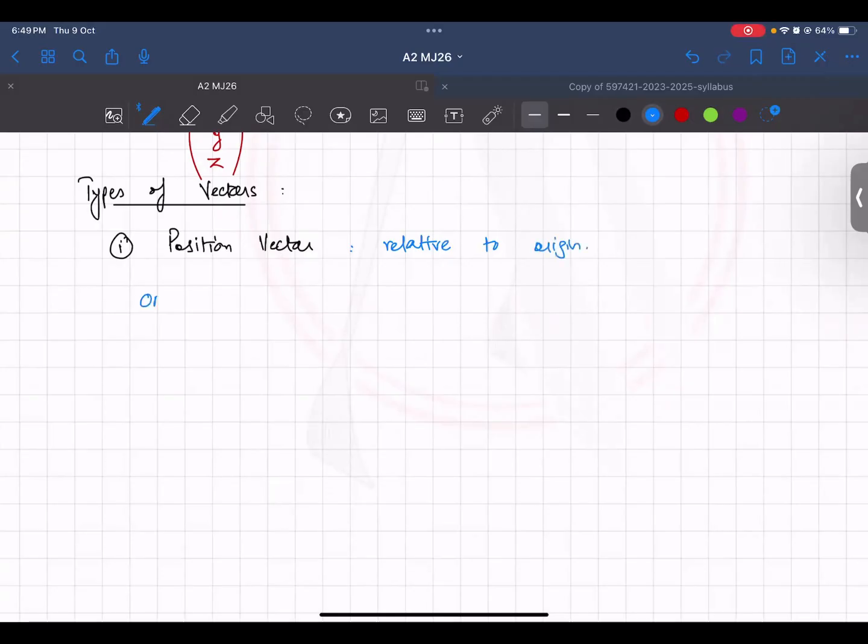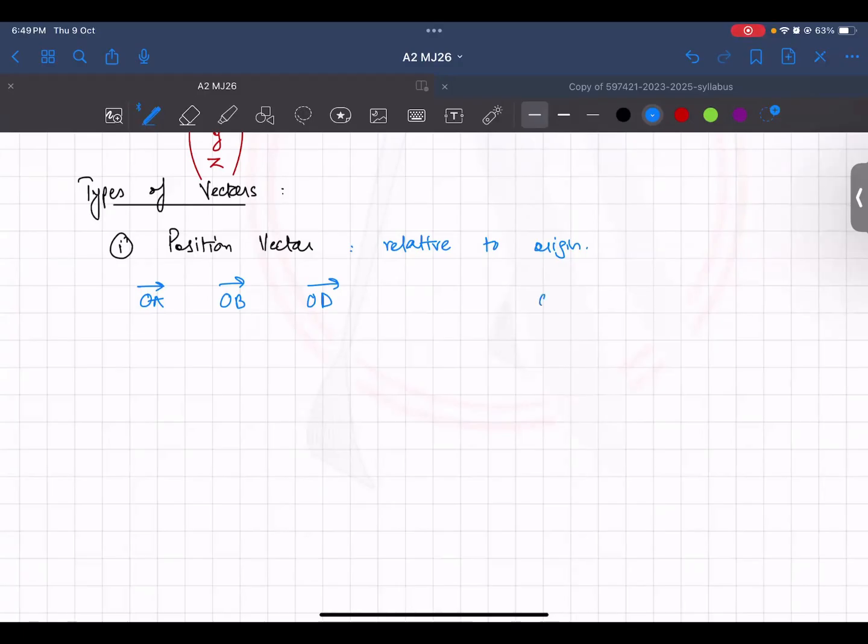For example, OA or OB or OD. O is the origin. If you connect any of your points, A, B, C, D, from the origin O, and you have to move from the origin to that point, the distance that you have to move, X, Y, and Z, that is called the position vector. It is connected to the origin.